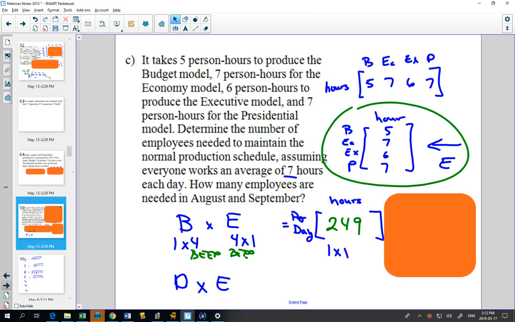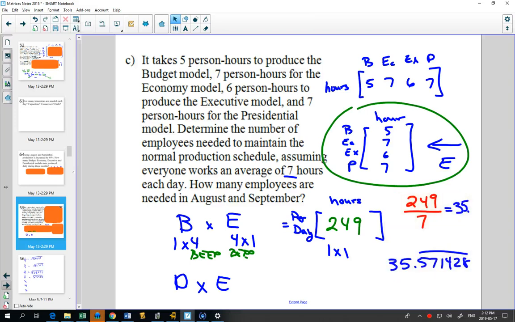And if everybody works a 7-hour day, 249 divided by 7 is 35.57, which means I probably need to hire 36 people during that month.